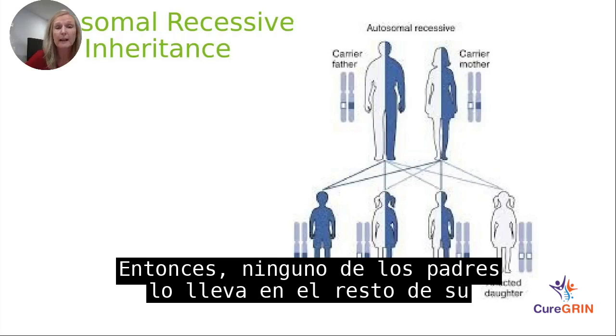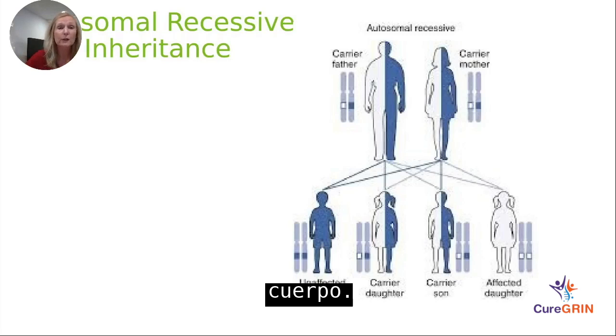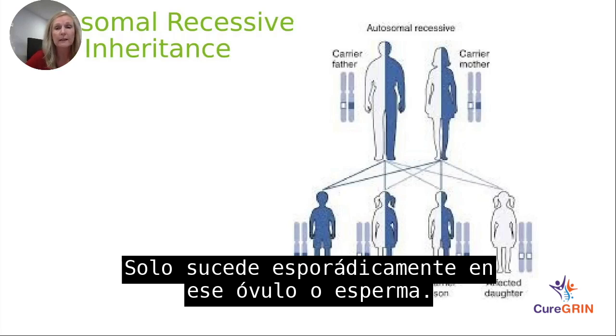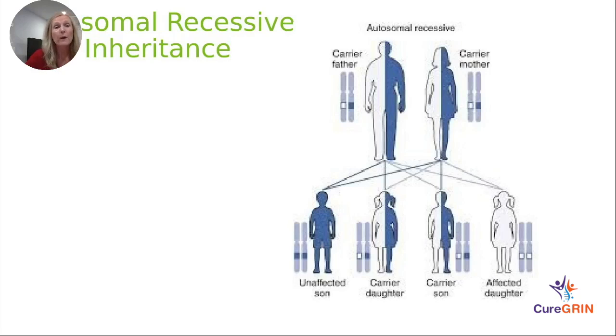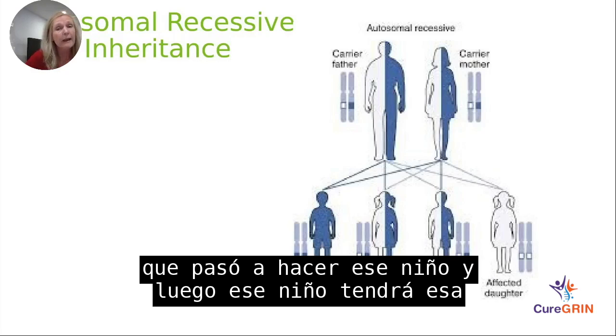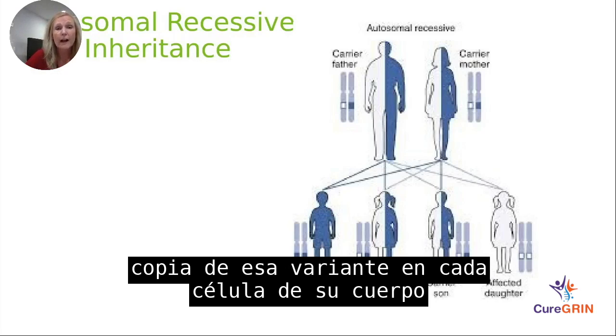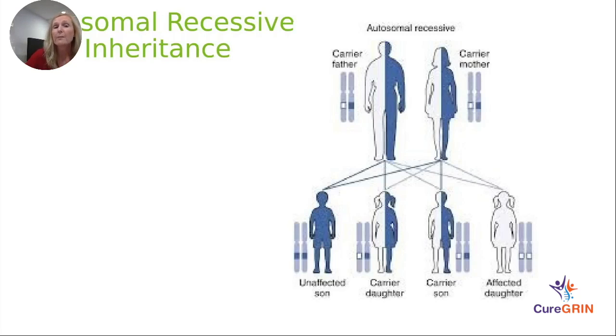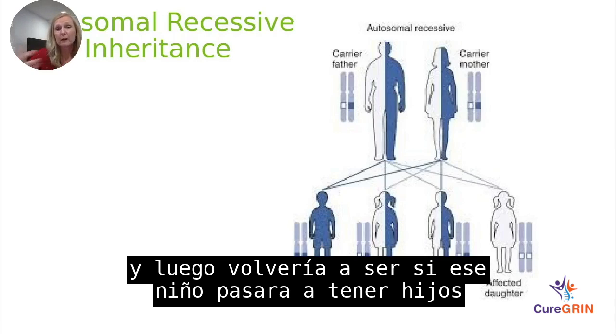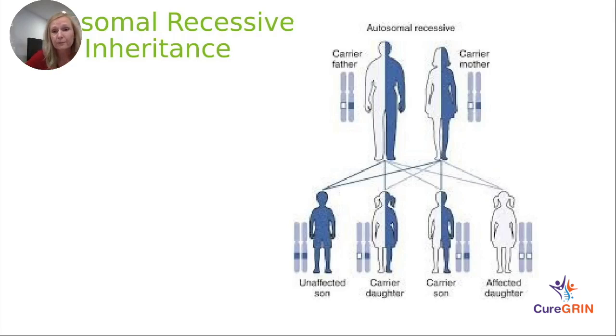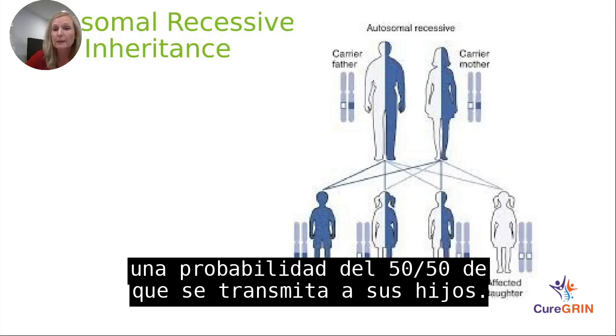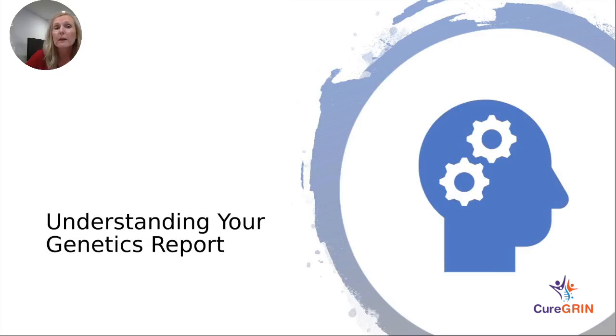So neither of the parents actually carry it in the rest of their body. It just happens sporadically in that egg or sperm that went on to make that child. And then that child will have that copy of that variant in every single cell of their body. And then, again, if that child goes on to have children, it would be a 50-50 chance of whether it gets passed on to their children.